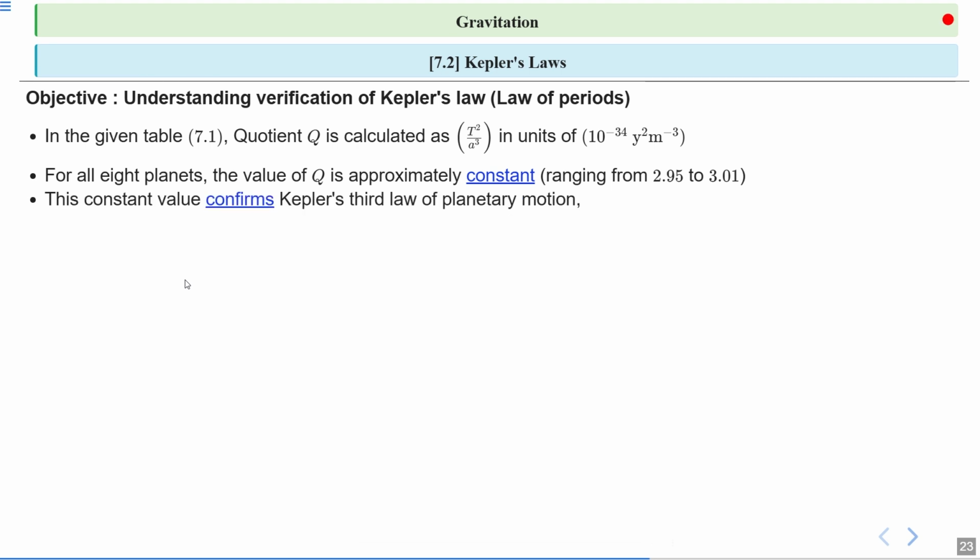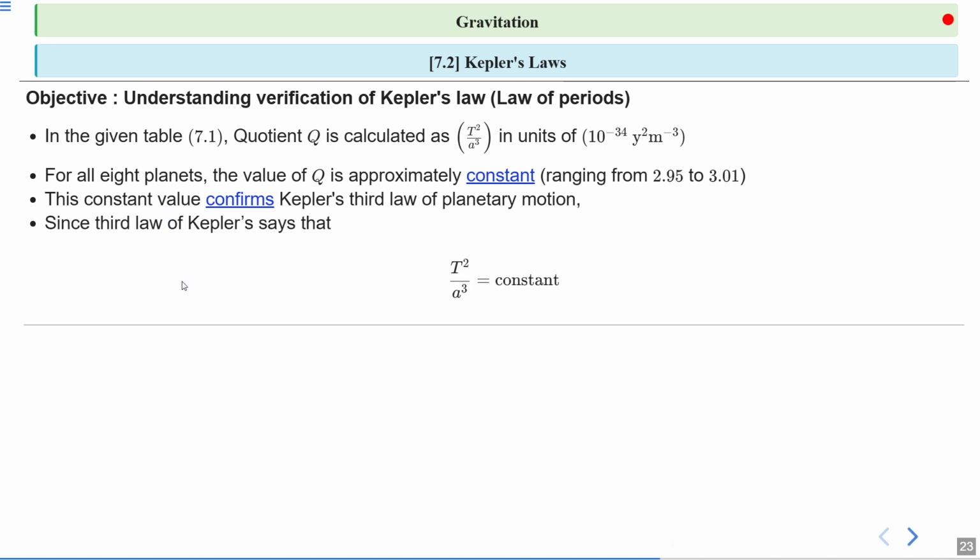This constant value confirms Kepler's third law of planetary motion. It's a powerful validation of the law, showing that the ratio of the square of the orbital period to the cube of the semi-major axis is indeed constant for all planets. So the third law of Kepler says that T square by a cube is equal to a constant.